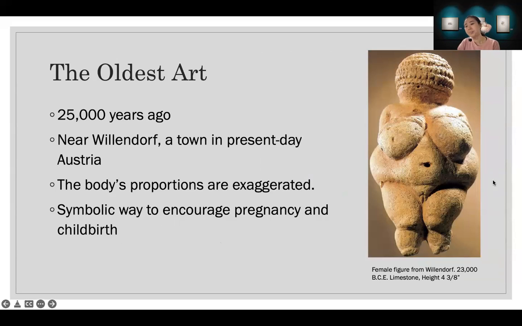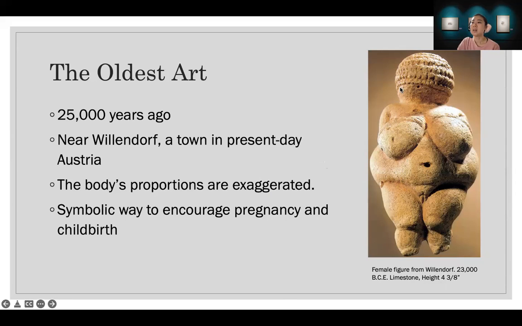So this is a female figure sculpture from 25,000 years ago. It was found near Willendorf, a town in present-day Austria. Now let's look at the size. It is very small, enough to fit comfortably in the palm of a hand.